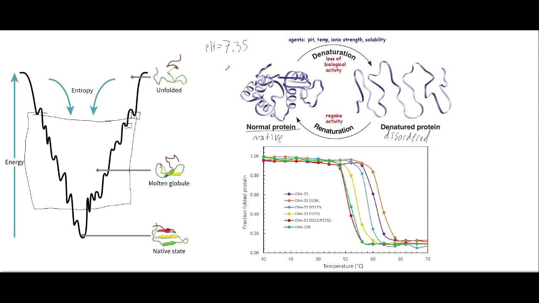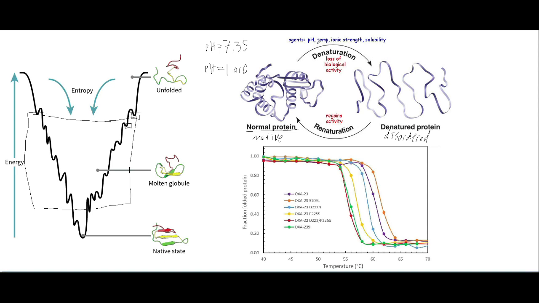For instance, digestive enzymes can exist at pHs that are much lower, probably close to 1 or even 0. They would be in their native state at a much lower pH because they have to be in the acidic environment of our stomach. So pH is one way that we can denature our protein.